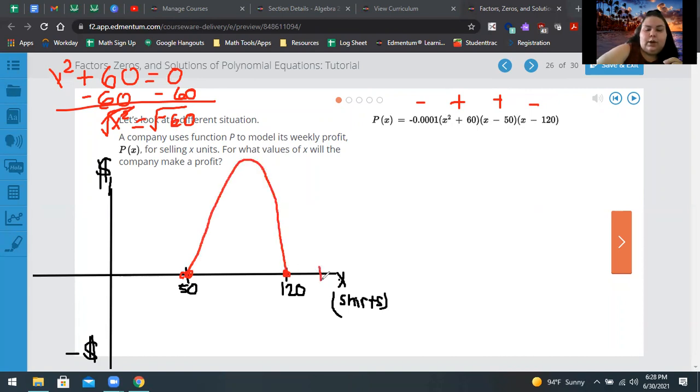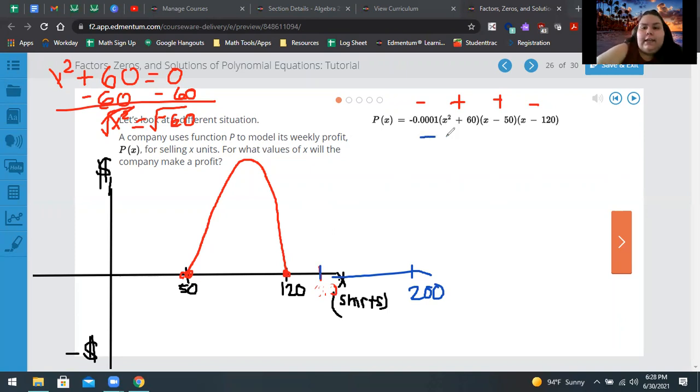If I did 200, again, I'm doing a very rough sketch of the sign table. I'm going to test out my value of 200 here. Let me do this in blue so we know the different sign changes. Again, the scale is really bad, but we're just trying to figure out between 120 and 200, is it negative or positive?